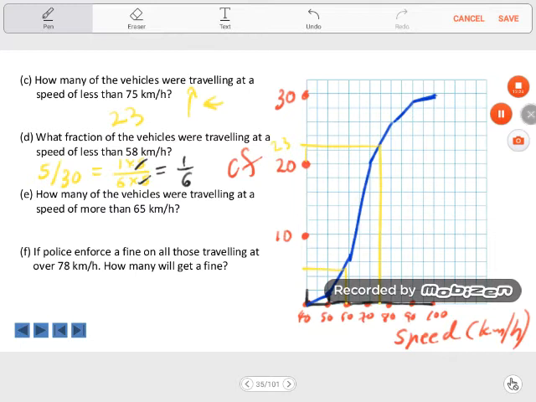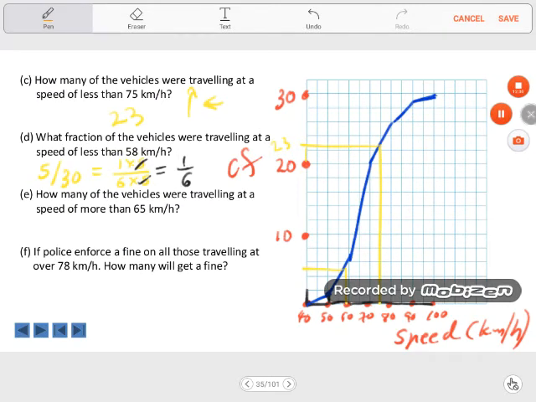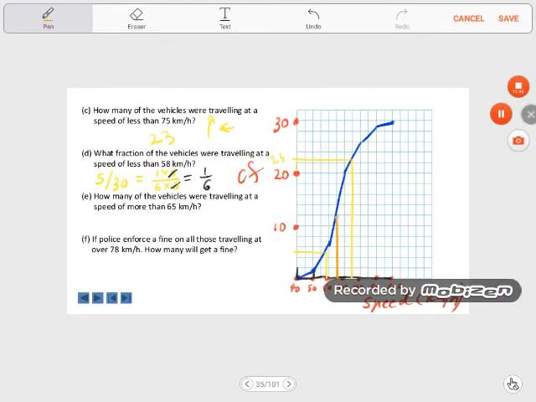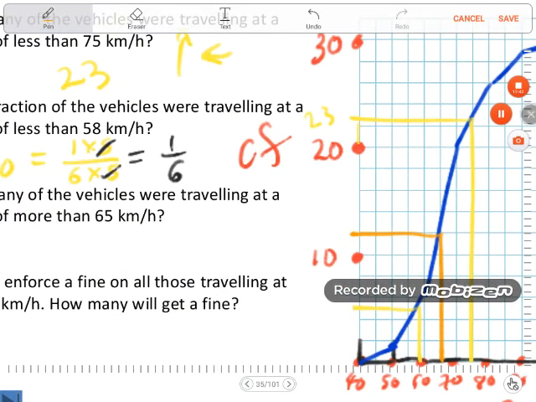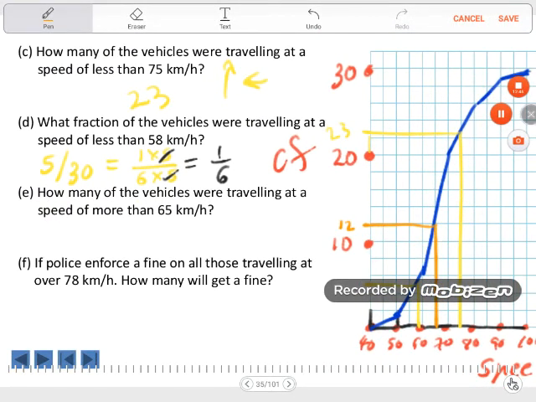How many were travelling at more than 65? Okay, let's get this orange pen for more than. 65 is here. So I'm going to go up and across. Now, the number we hit here is, of course, 12. But that's how many were travelling less than 65 kilometres per hour. How many were travelling more than?